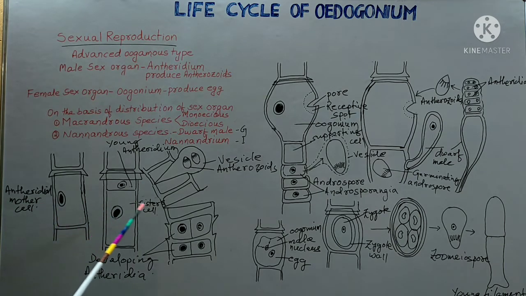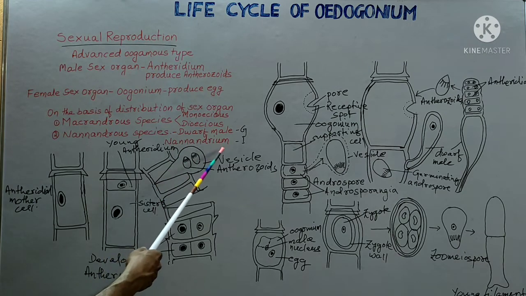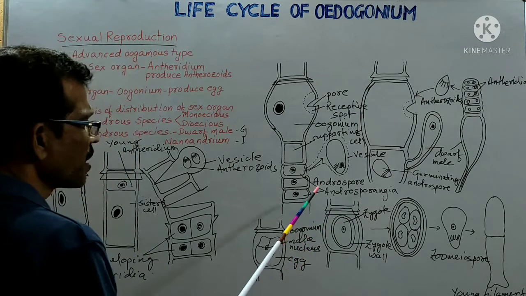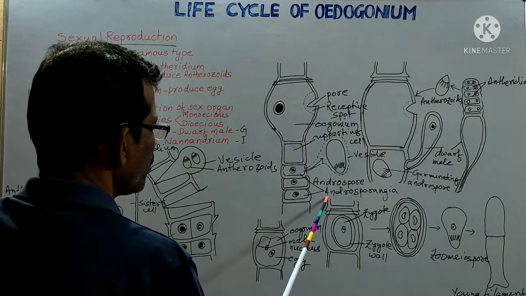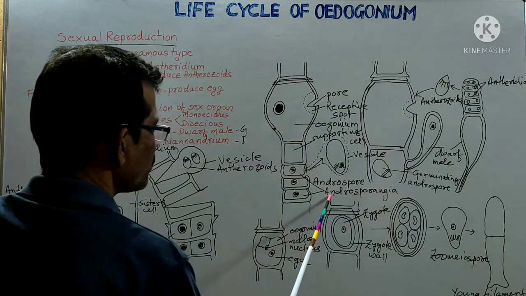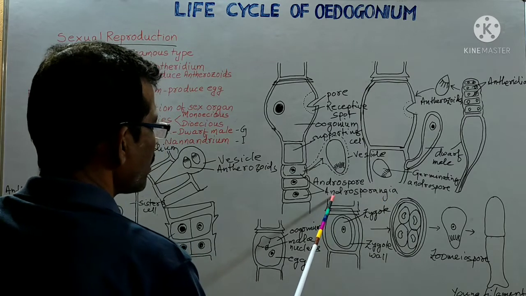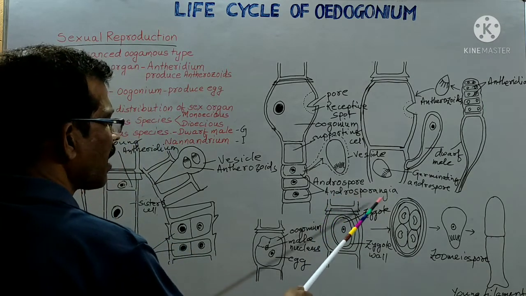The process of antheridium development is very simple in macrandrous species. In macrandrous species, antheridia are borne on normal size filament, whereas in nannandrous species, the development of antheridium occurs on short filament that is known as dwarf male or nannandrium. So in nannandrous species, specific structures are formed known as androsporangia. The process of development of androsporangia is similar to the development of antheridia.